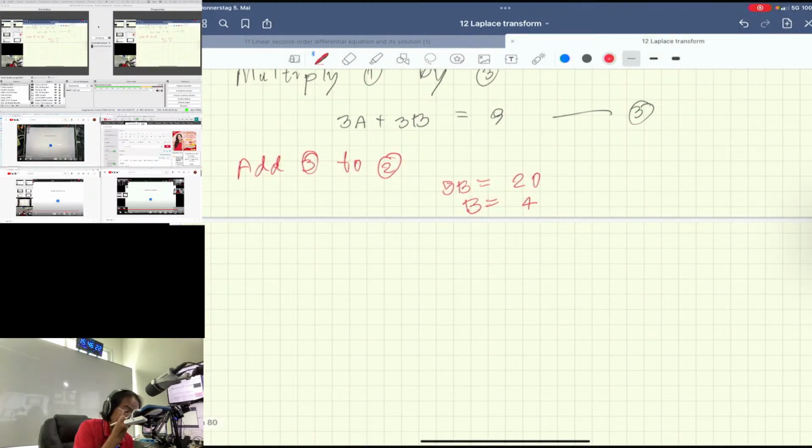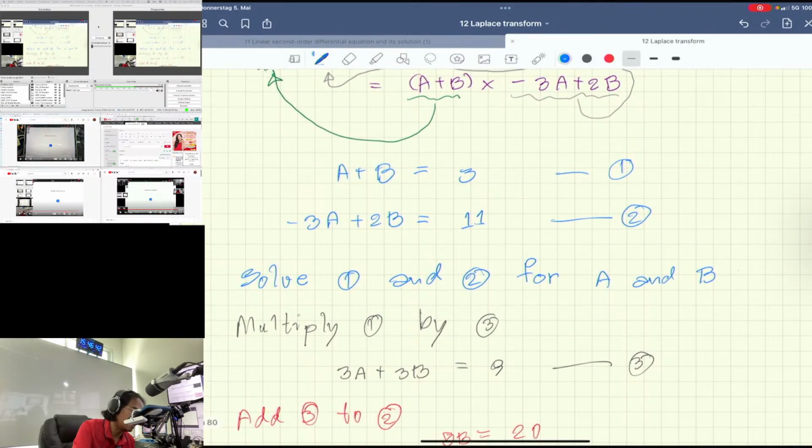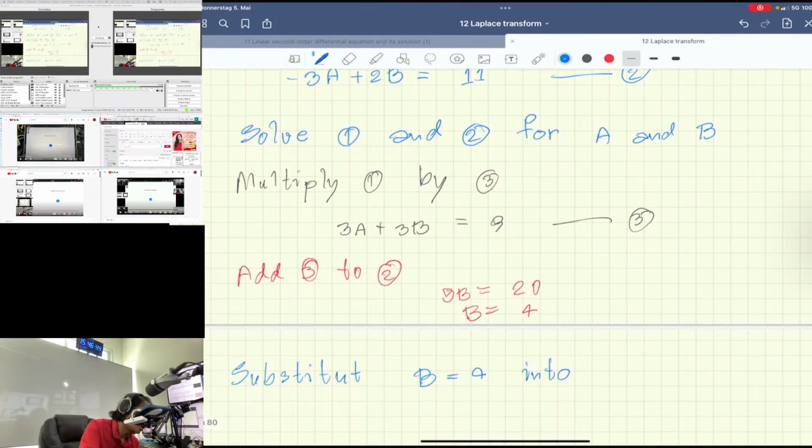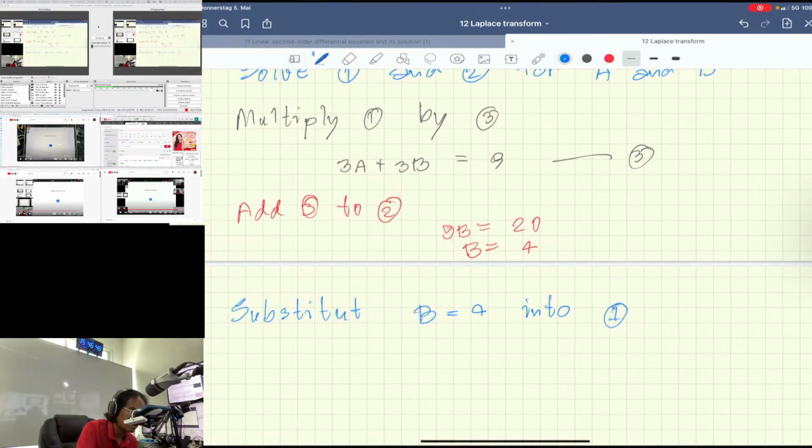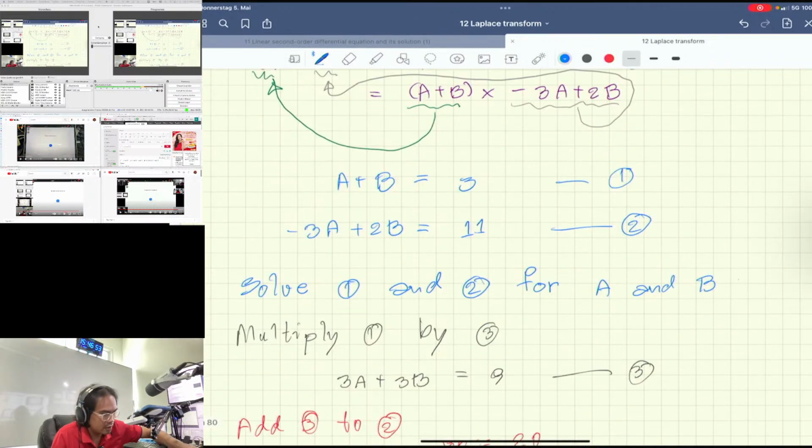Once you get b equal to 4, you need to substitute b equal to 4 into whatever equation so that you can find a easily. Let's say we substitute into equation number 1.